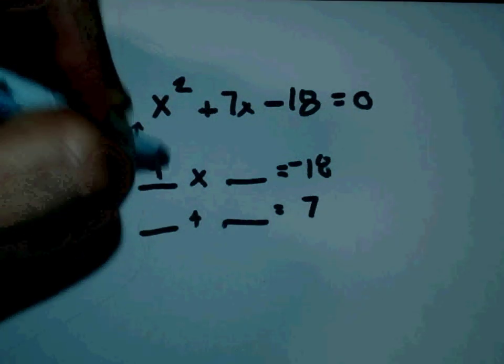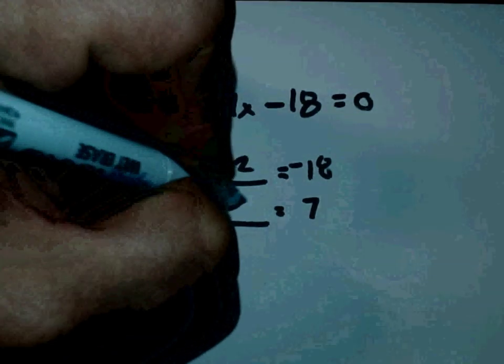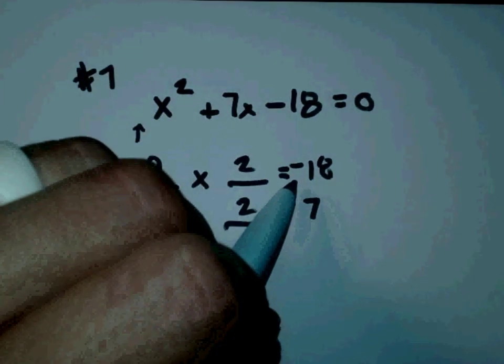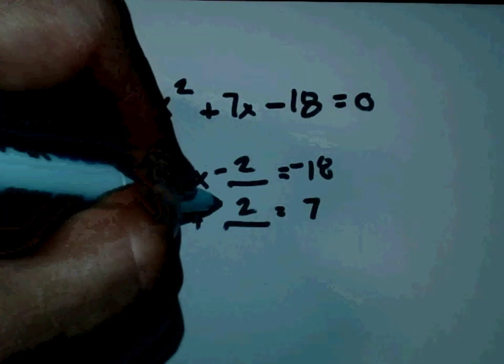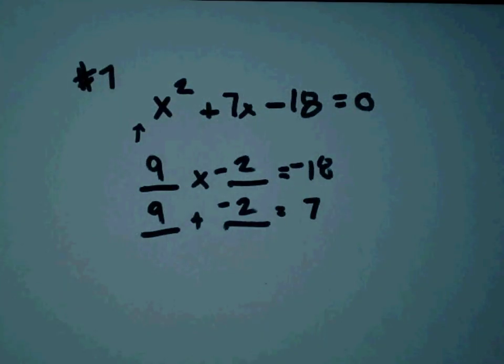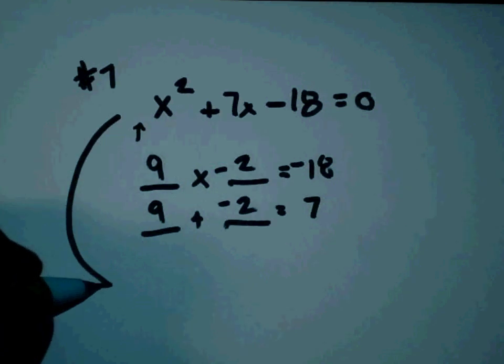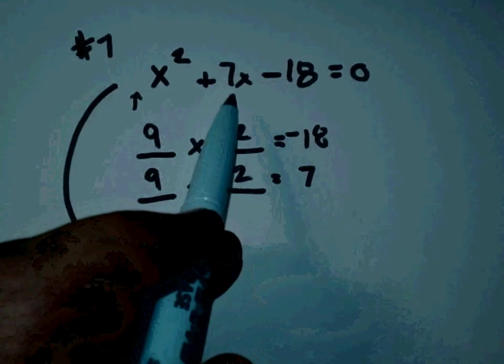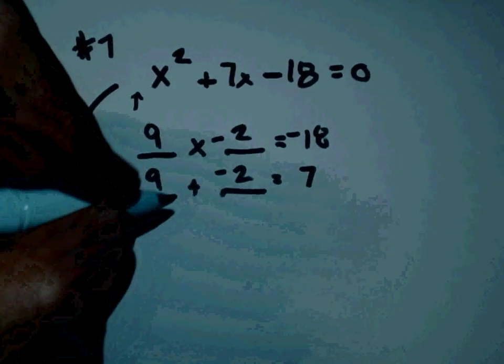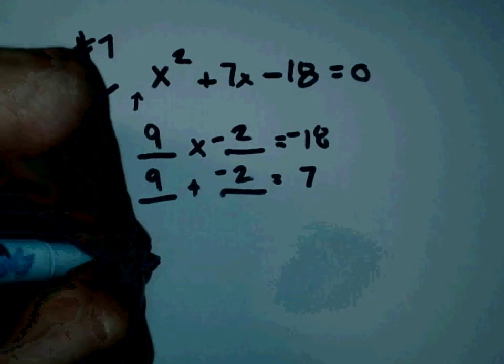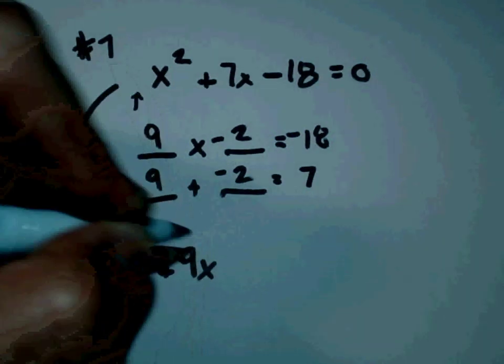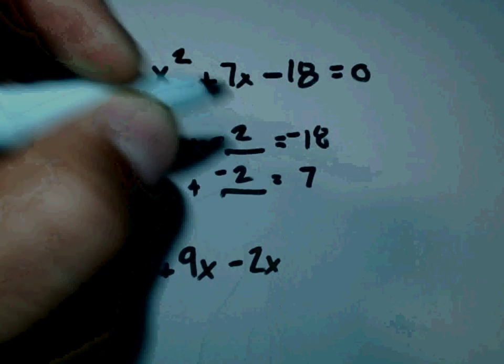We got 9 and 2, which give me 18, and there's a 7 associated. I have a negative up here, but this one's positive, so therefore my 2 is going to be negative. So now I'll bring down my original, and the factor by grouping concept takes me to split the b term. So this is going to be x squared plus 9x minus 2x minus 18 equal to 0.